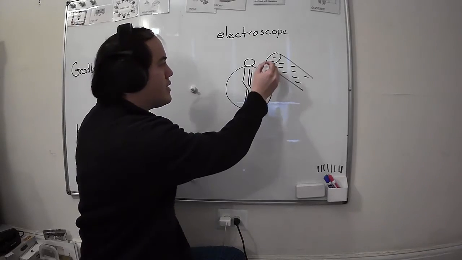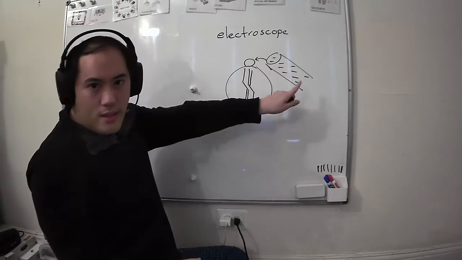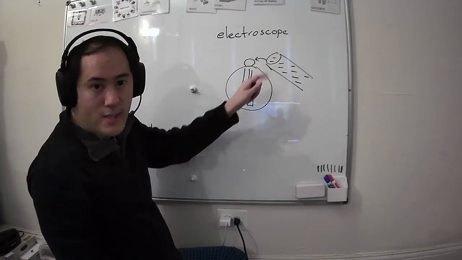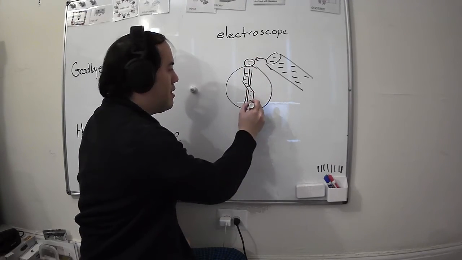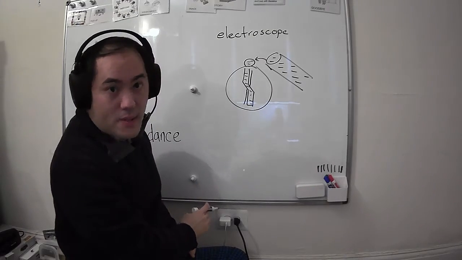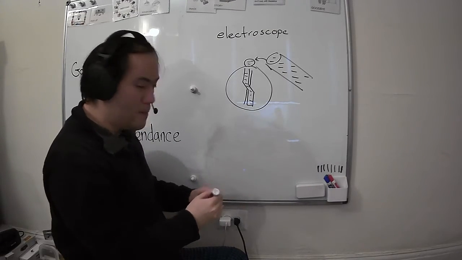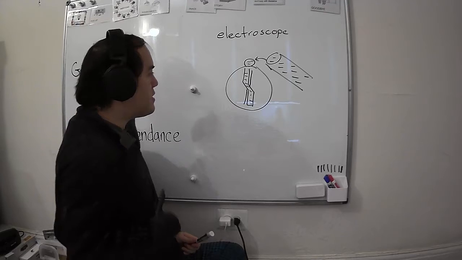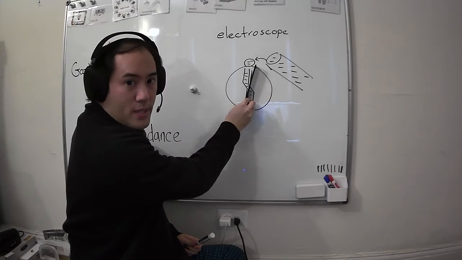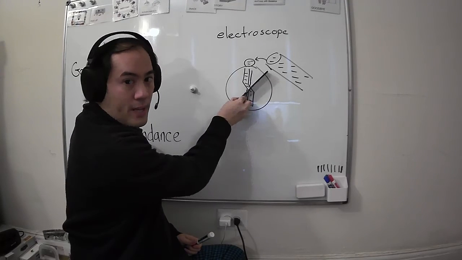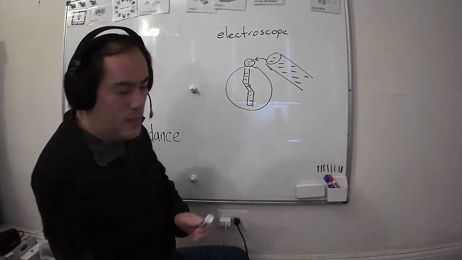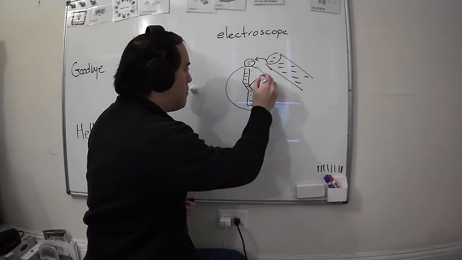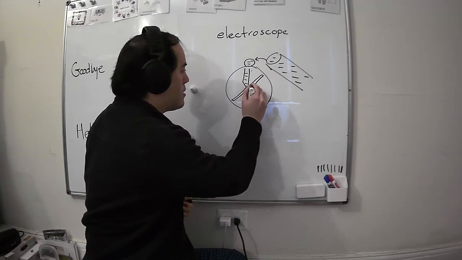If I touch the big negative rod to the electroscope, that'll make this negative, and the needle negative too by conduction. But if the needle's negative and the curved part's negative too, it'll rotate to repel. And that's how the electroscope will measure a charge.